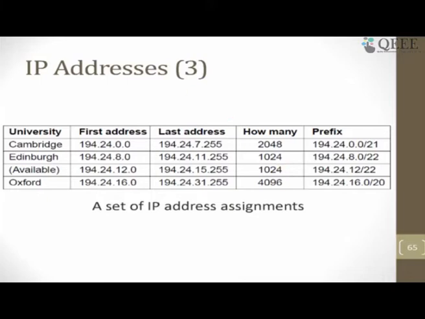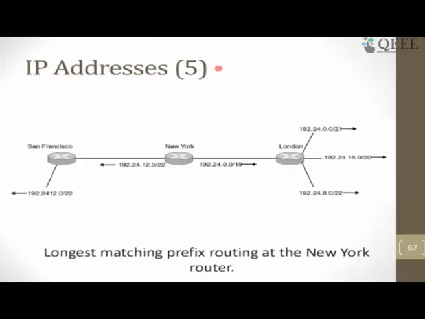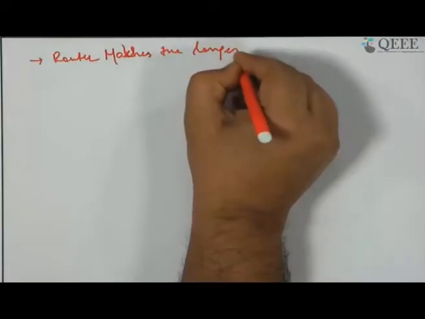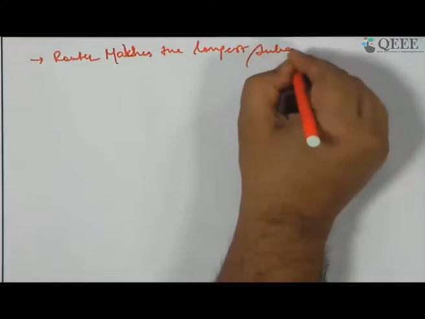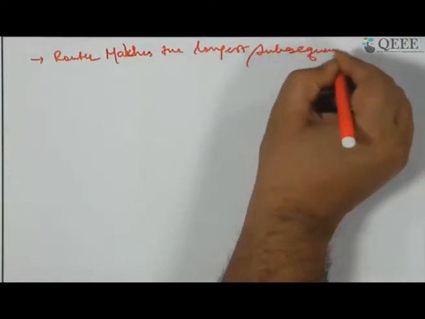Okay. So this is about the IP addressing scheme, and then how do routers match? The router matches the longest prefix. Okay.